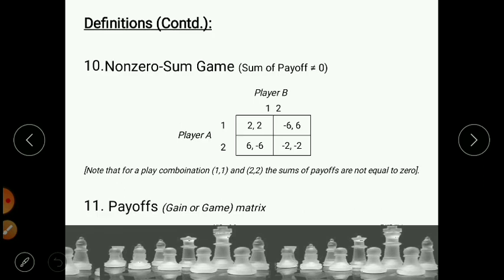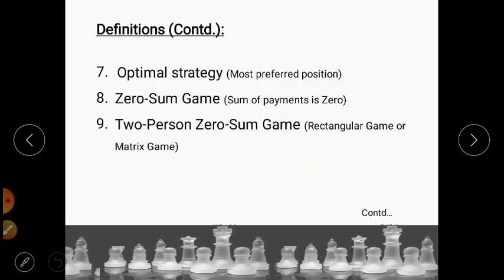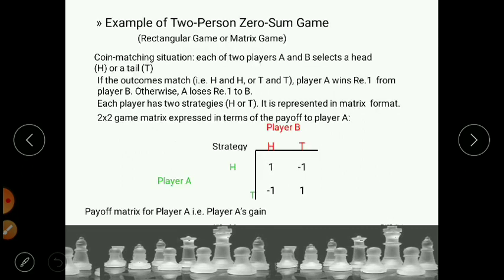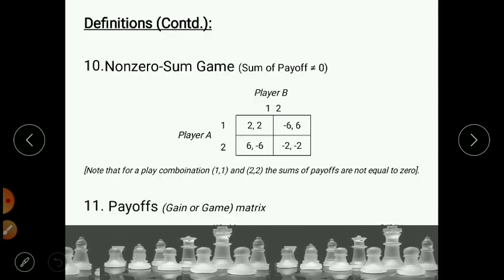Now, having said about the two-person zero-sum game, let's now discuss the third definition, that is the non-zero-sum game. A non-zero-sum game is, as the name suggests, one where the sum of the payoffs is not zero.